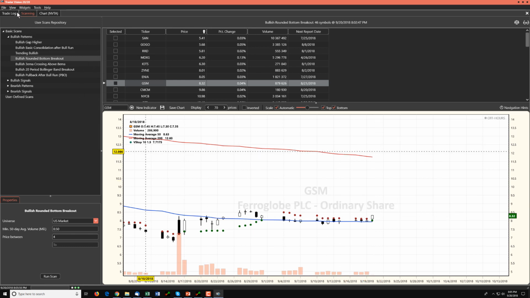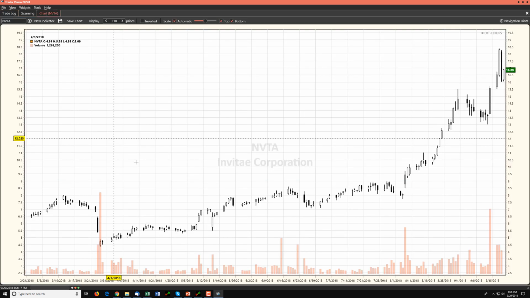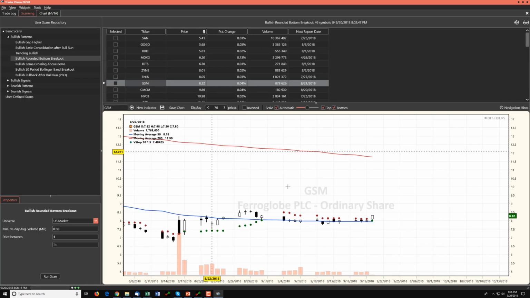The first target that I chose was about 9.20. And then 9.95. And finally, $10.70. So let's look at those on the chart so you can see them as well.